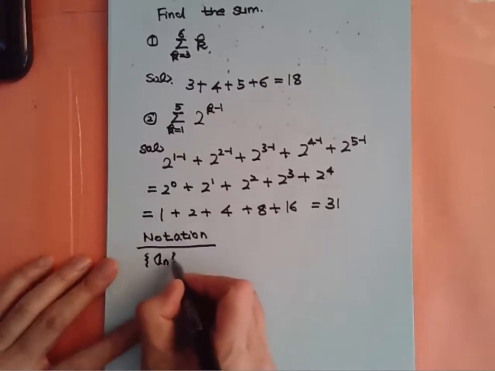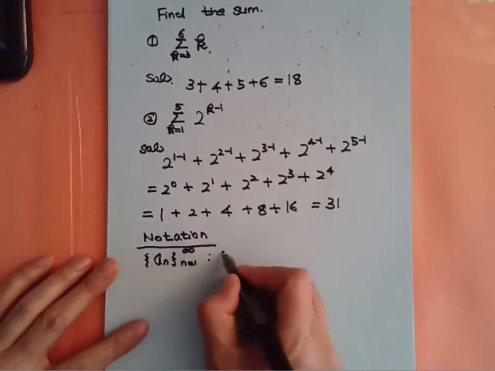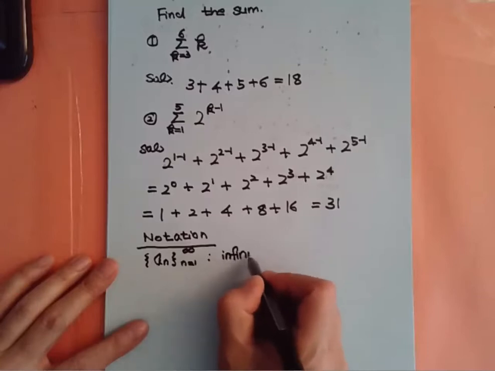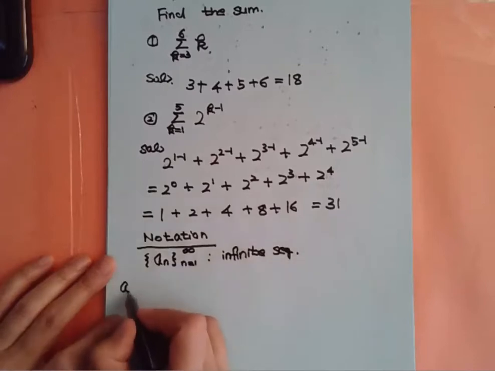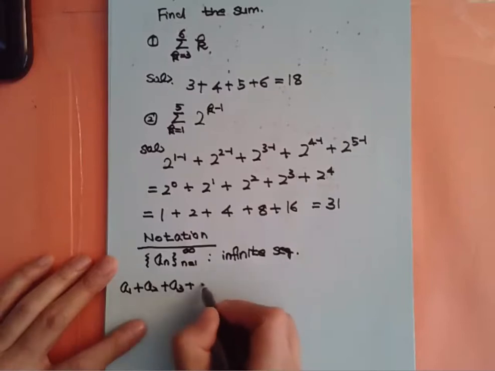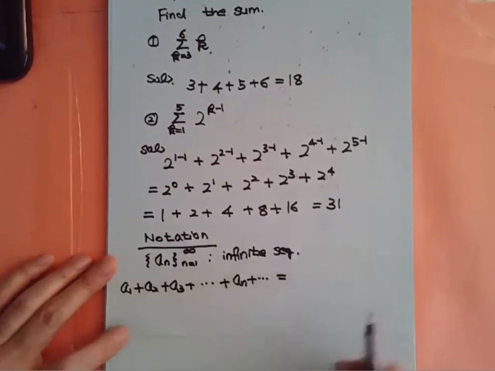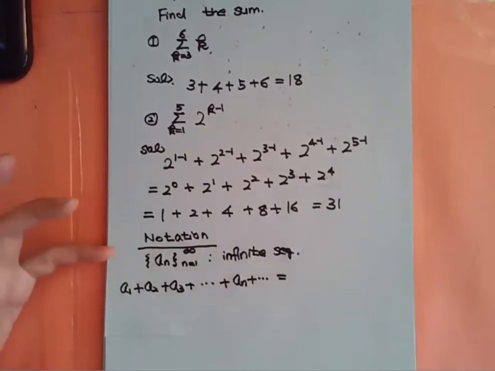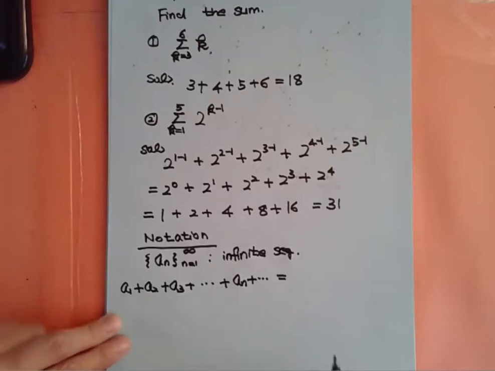So we have a sequence a_n, n equals 1 to infinity, an infinite sequence, and we want to add all the terms in the infinite sequence. So there are many terms we are adding, and indeed infinitely many.